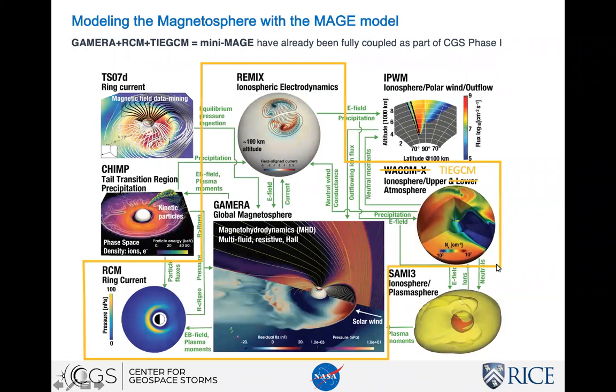So our CGS team has developed a mini version of the MAGE model involving the coupling of the global MHD model GAMERA, and also the ionospheric potential solver REMIX, the ring current model RCM, and the ionosphere-upper atmosphere circulation model TIEGCM. Next, I will talk about its major components and the coupling algorithm.